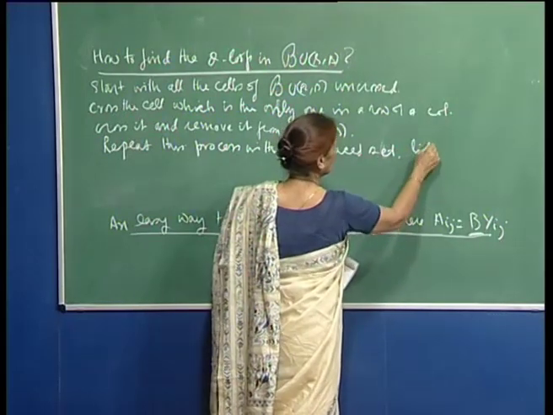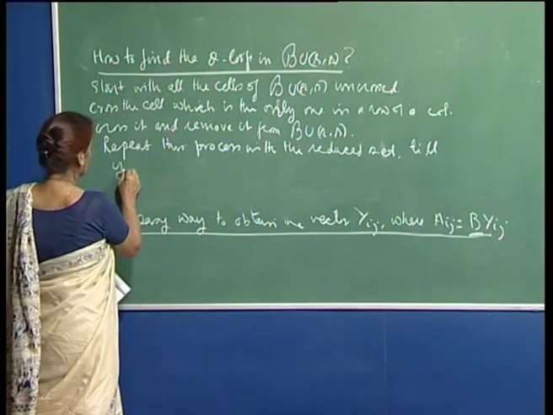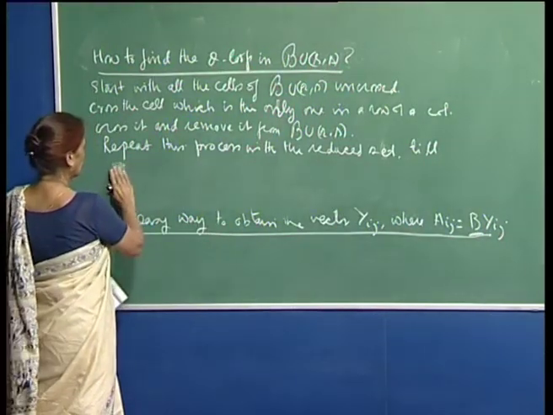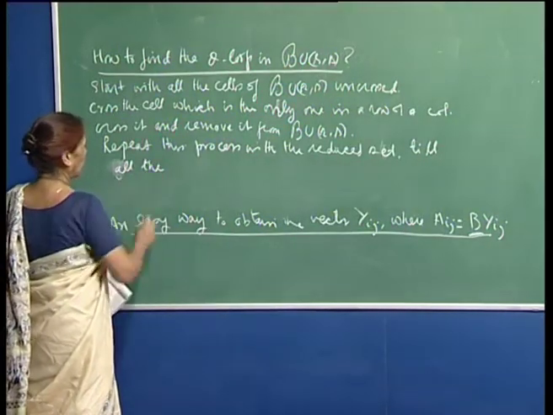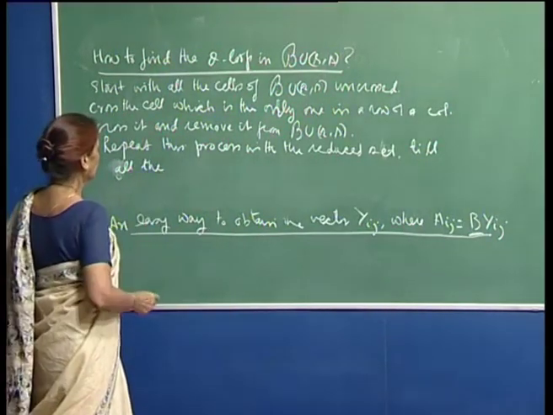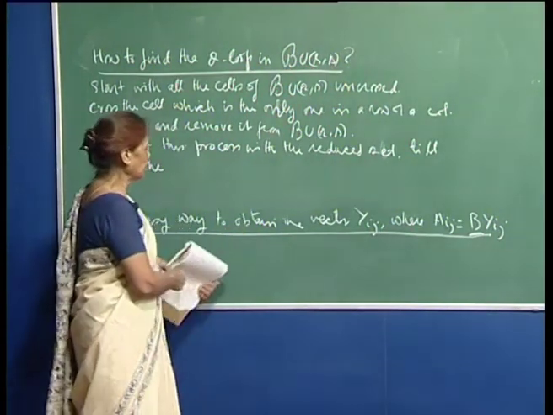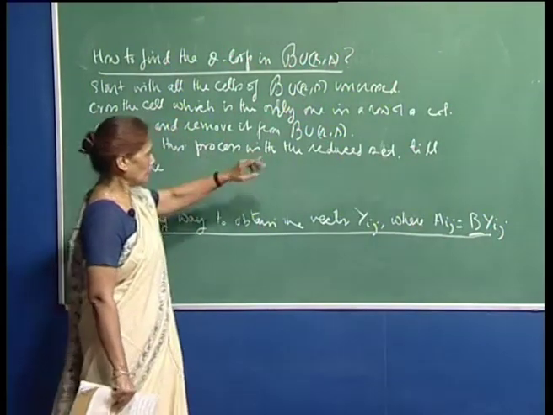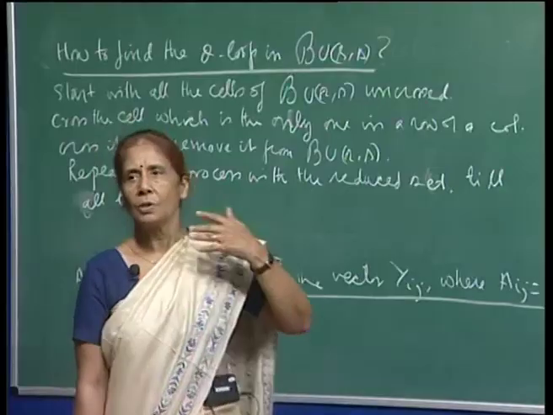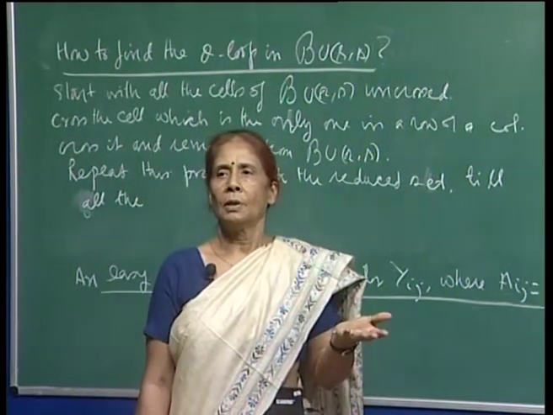What I want to say is that you will continue with this process till you are able to find one cell which is the only cell in a row or a column, right.